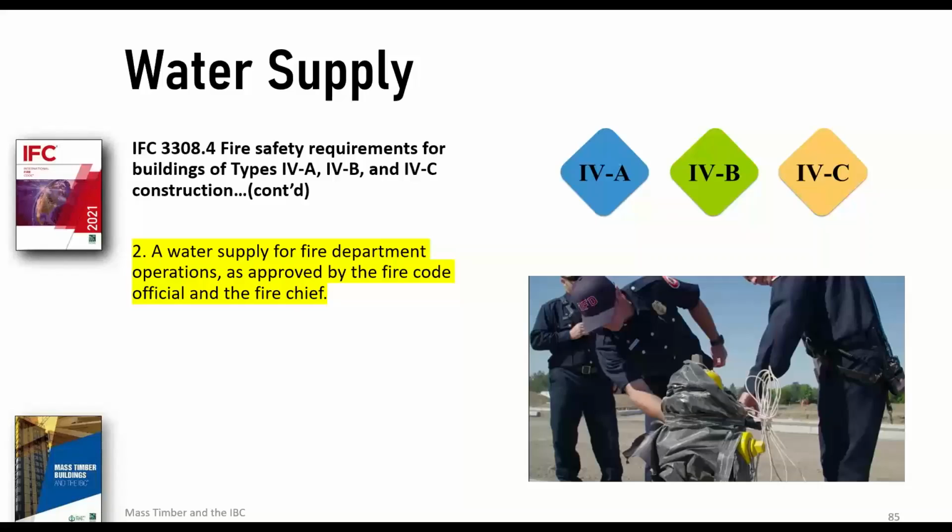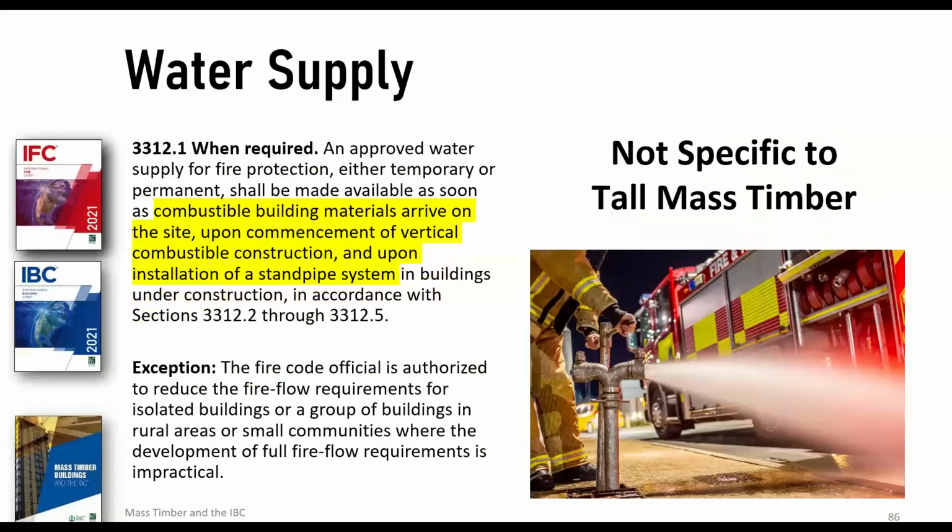Another requirement for mass timber buildings is a water supply for fire department operations as approved by the fire code official, or the fire chief. So you have to have a water source approved by the fire department as soon as combustible materials arrive on site.